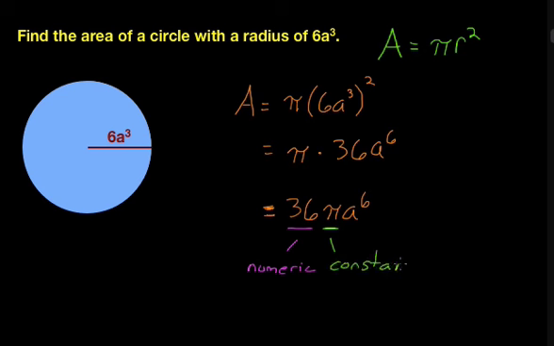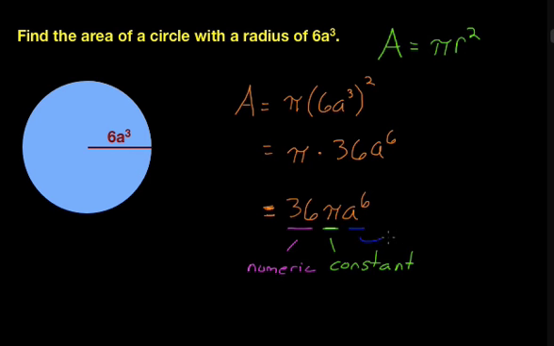Remember, constants are not variables. Although we use a symbol to represent a number, the value of this symbol never changes. So the value of pi is always 3.14 off into infinity. It never changes. Though we can't write that number down, we use a symbol to represent its value. But it is not a variable. And then finally come our variables.